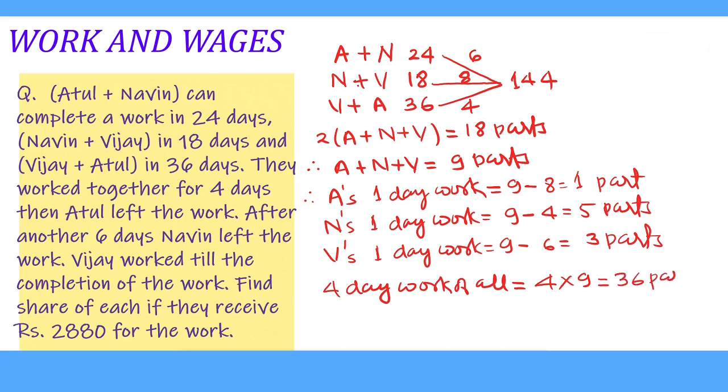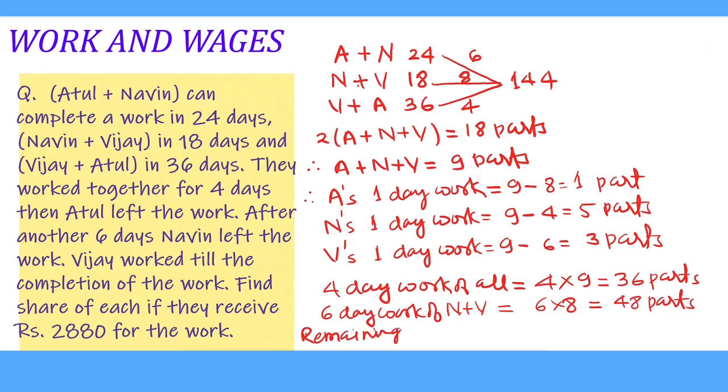Then Atul left the work, and Naveen and Vijay worked for another 6 days. So 6 day work of Naveen plus Vijay equals, they were completing 8 parts every day and they worked for 6 days, so 6 multiplied by 8 equals 48 parts.